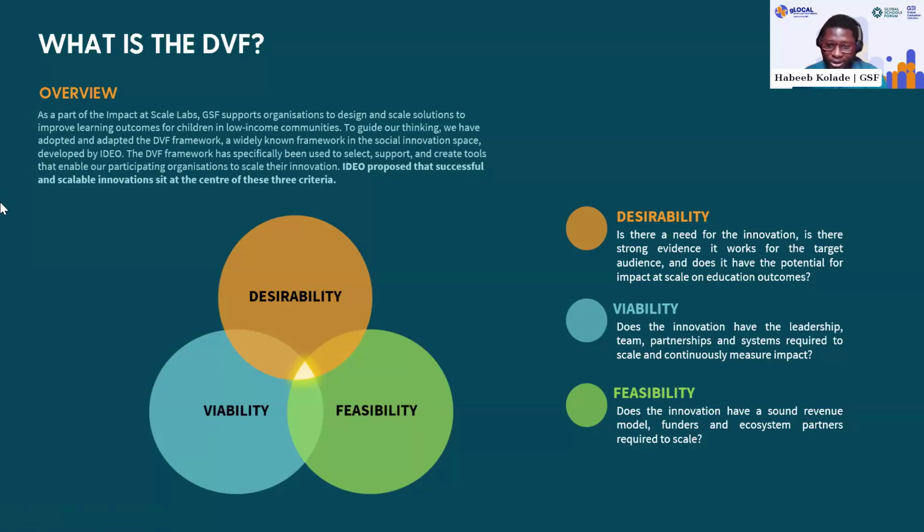While for feasibility, we're checking out if they have the right team, the right partnerships, and the right systems for them to scale their solution. According to IDEO, at the center of these 3 are organizations who are able to successfully scale their innovations. So you need a mixture of these 3 to be able to deliver your solution at scale.